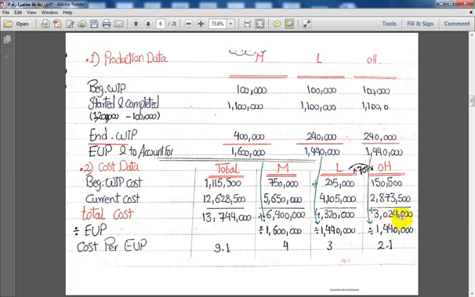Total cost of overhead 3,024,000 divided by 1,440,000 equals 2.1. The total cost per equivalent unit equals 4 plus 3 plus 2.1 equals 9.1.